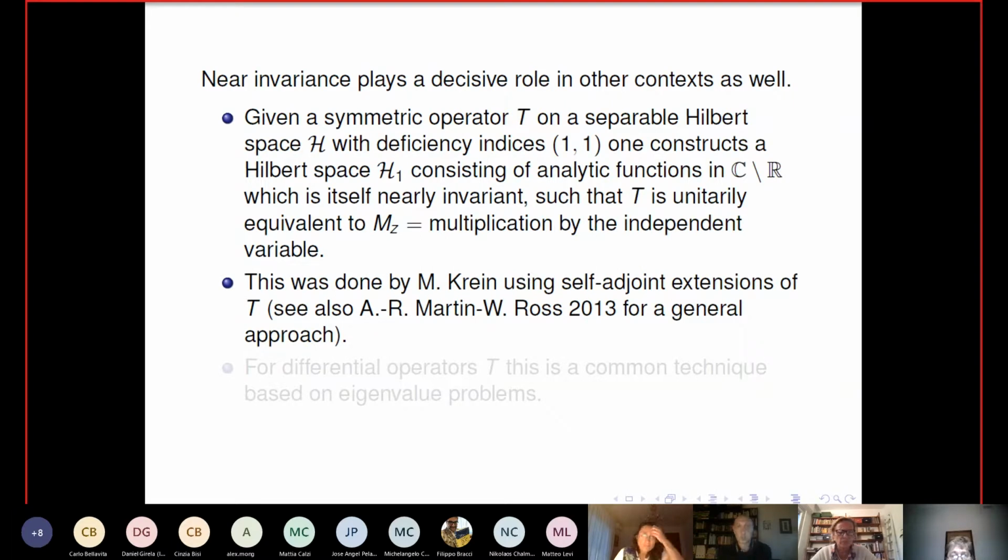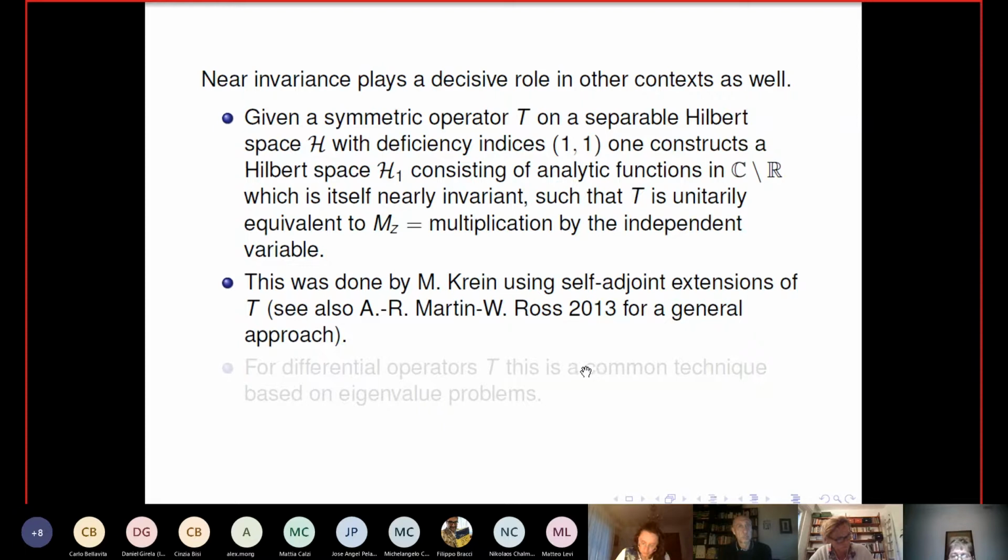I have a long paper on this where Rob Martin, Bill Ross and I show how you can do this in an abstract way. Krein used self-adjoint extensions of T, which exist in this case.